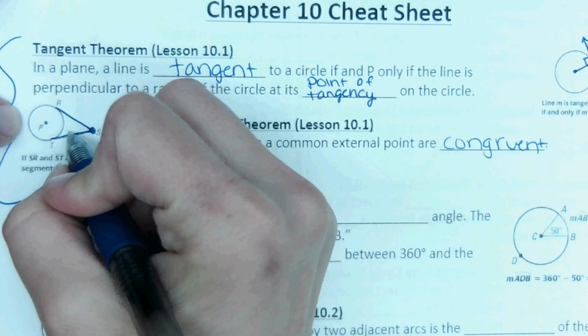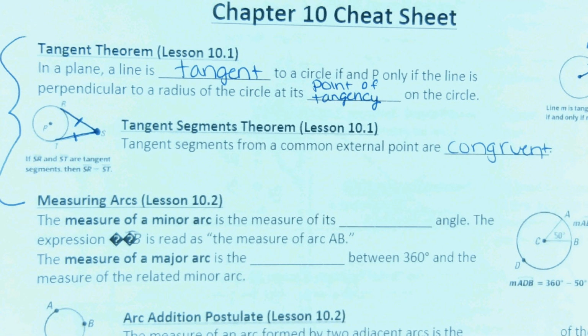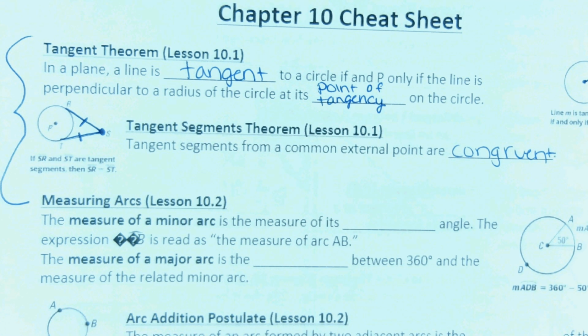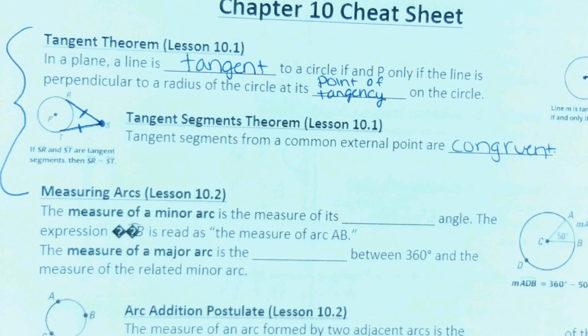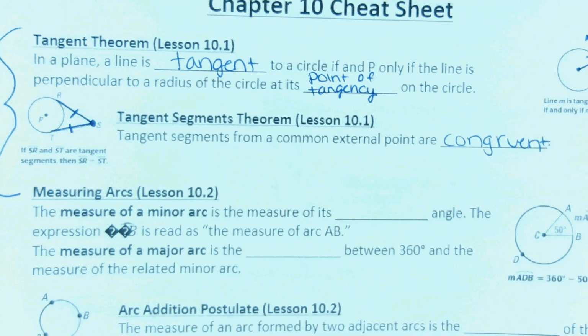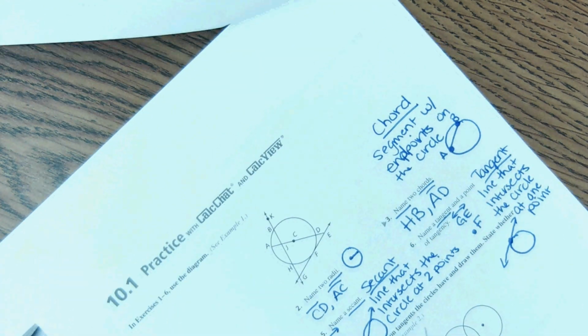These tangent lines are the same length. Then from here, we're going to jump back to where we were and then apply this to the problems. So here we have this, and then flip one more page to this.